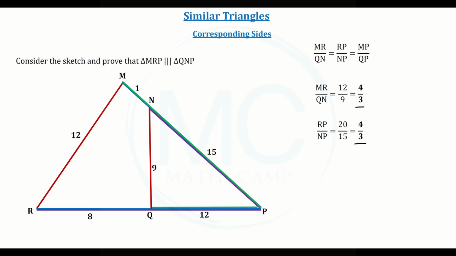MP is the green side of the larger triangle, and QP is the corresponding side in the smaller triangle.